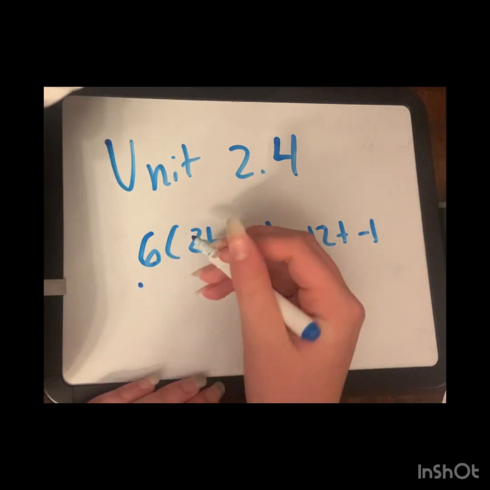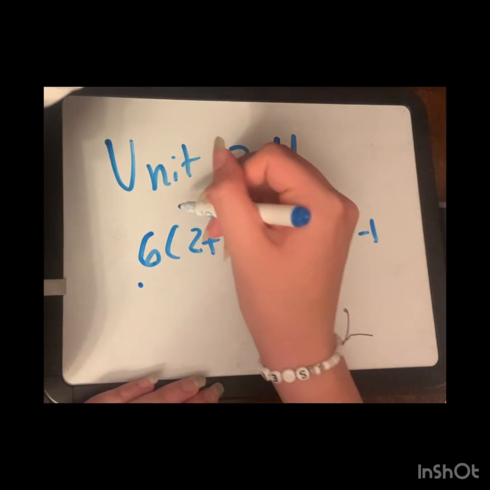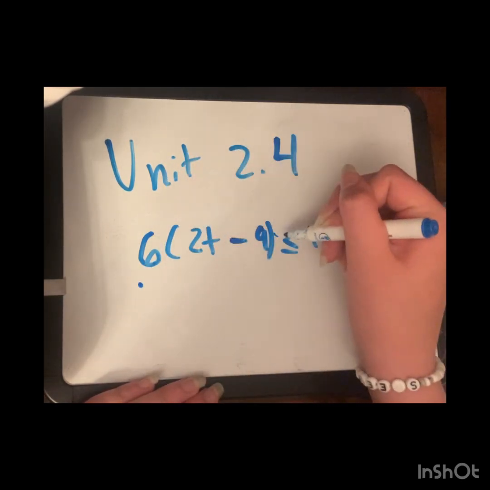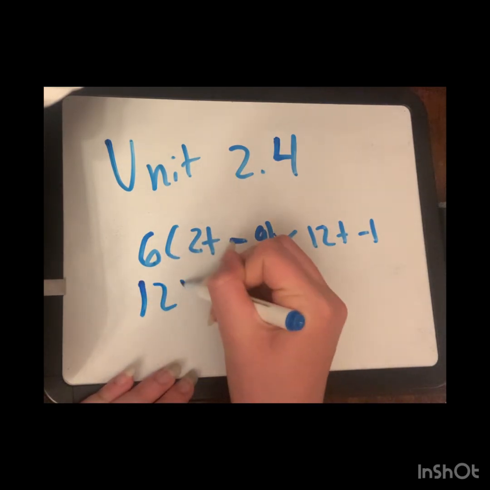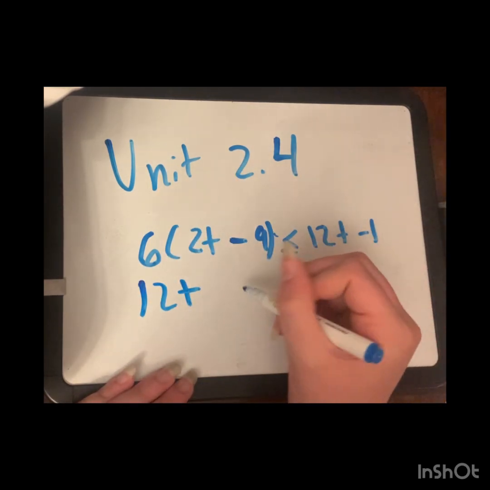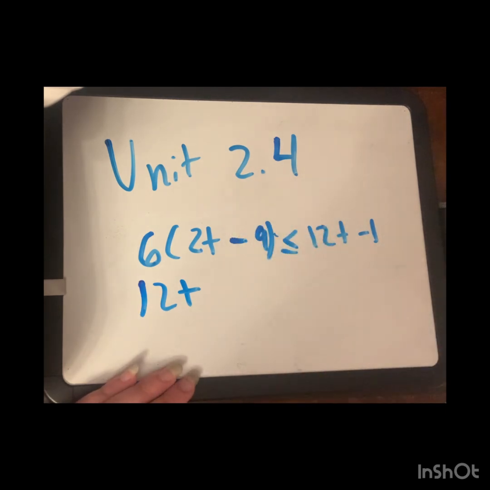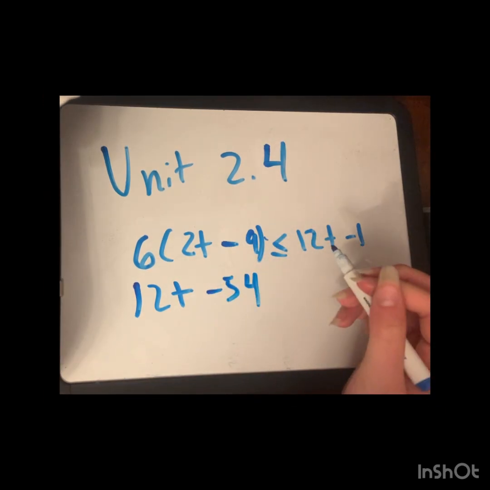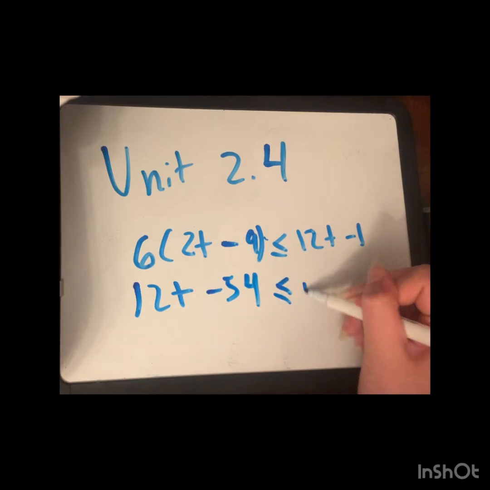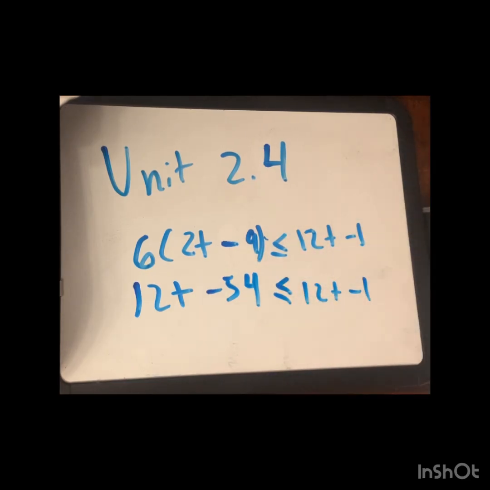Now, when you have parentheses, you have to multiply the outside number with both of the numbers inside. So 6 times 2t would be 12t. 6 times negative 9 would be negative 54. And then equals 12t minus 1. Now what do you do here?